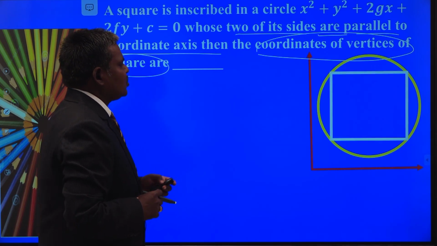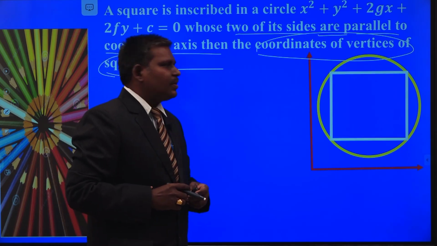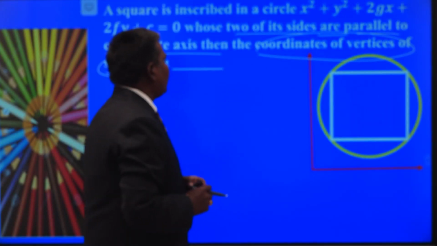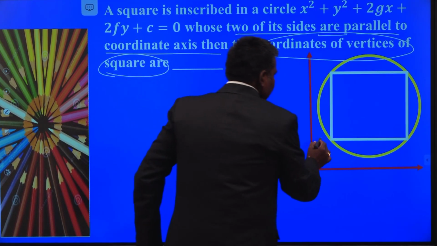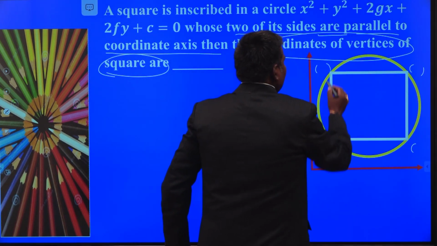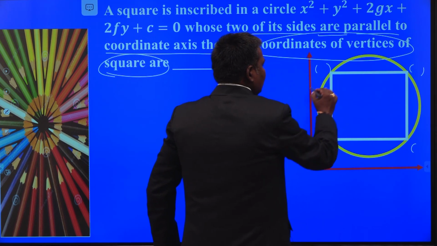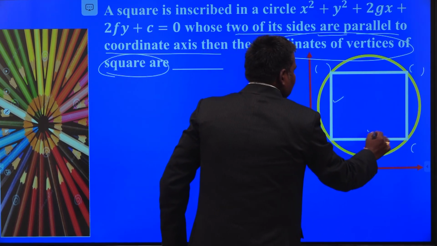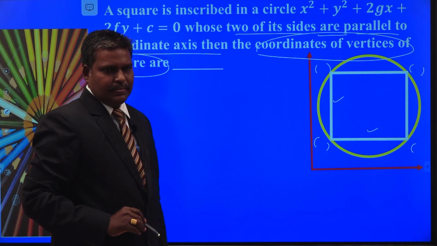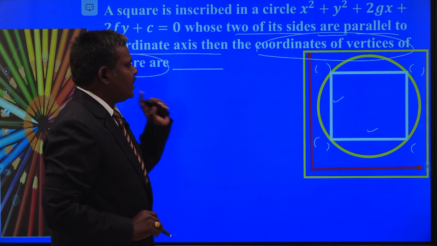Now, this is the square which is inscribed in your circle. What you are going to find out are the coordinates of the vertices of the square. What is the speciality of this square? 2 of its sides are parallel to your coordinate axes, as shown in this figure. This is your diagram.